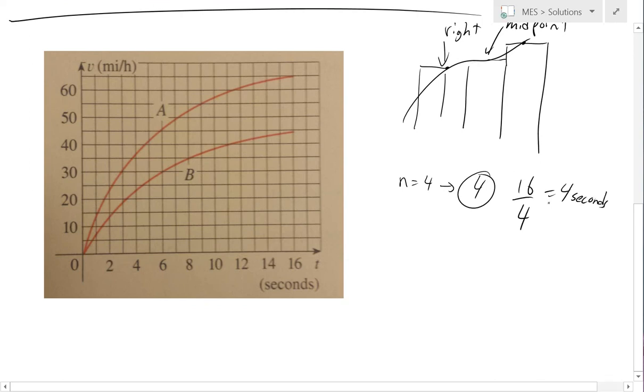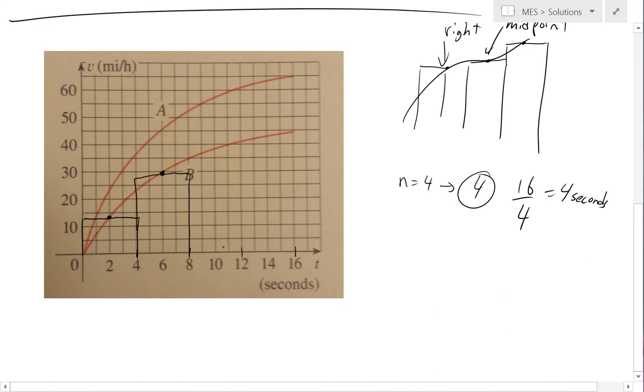So we go 4, 8, 12, 16, and in between 0 to 4, that's 2, so we go up here, there's a point, and we draw a rectangle like this. This will be our estimation under B. For the midpoint, now we go to 6, and then do this, etc.